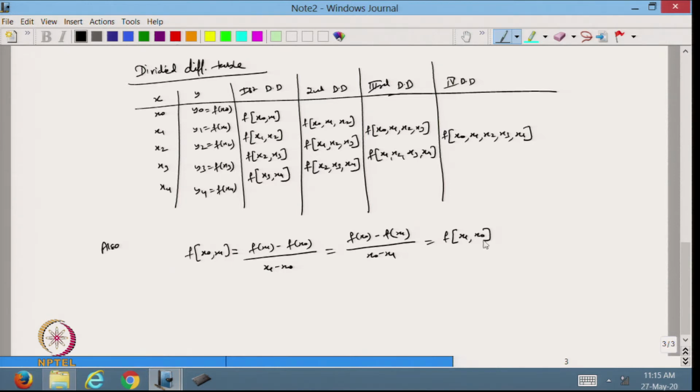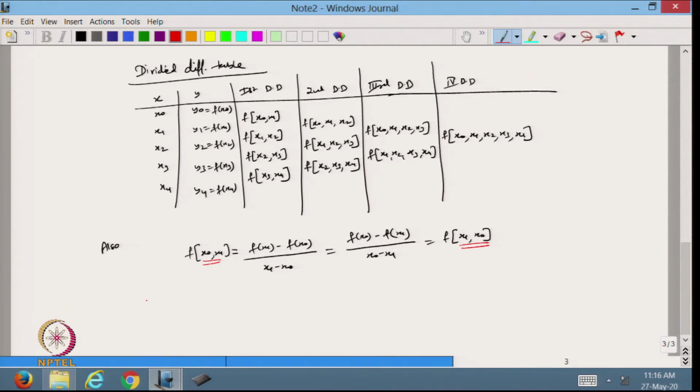So in this case I can say that the ordering of the values x0 and x1, the indexing, does not matter. It does not matter whether we write x0 first and then x1, or x1 first and then x0, the value of the divided difference will be the same.